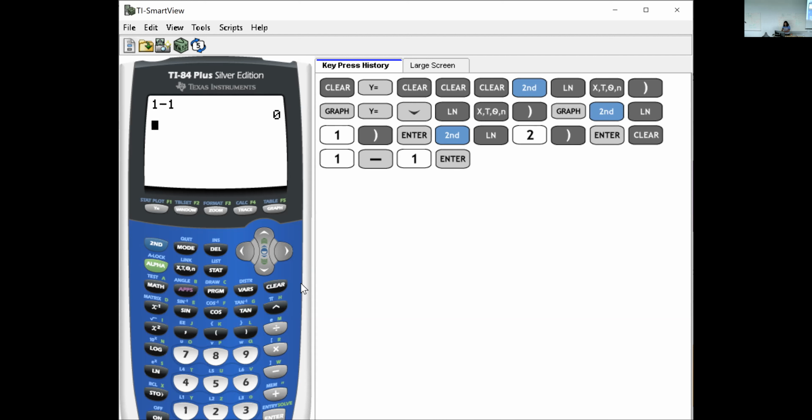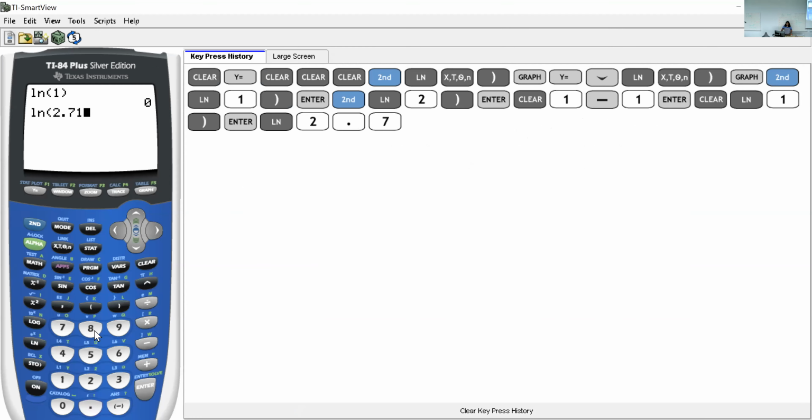Let's say ln is the inverse. ln of 1 must give you 0. Works. ln of 2.7182 must give you 1. We get 0.99999.